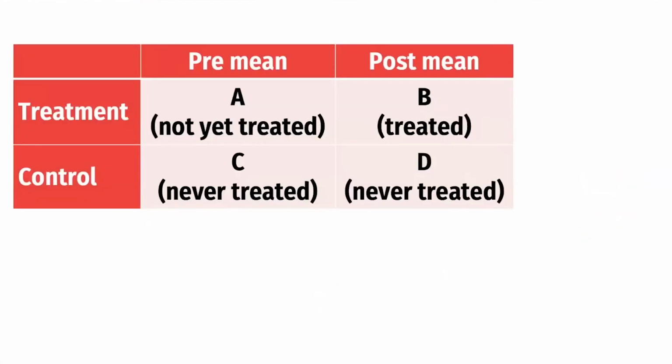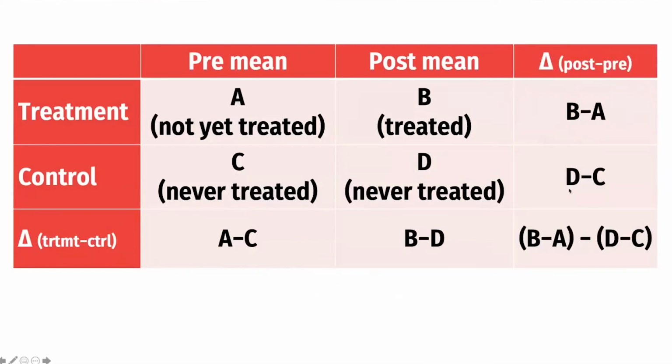Another way of doing this is combining the before and after with treatment and control. If you make this 2x2 matrix, you can figure out the average number of jobs in New Jersey and the average number of jobs in Pennsylvania before the change in minimum wage and after the change, and you can do some math here.